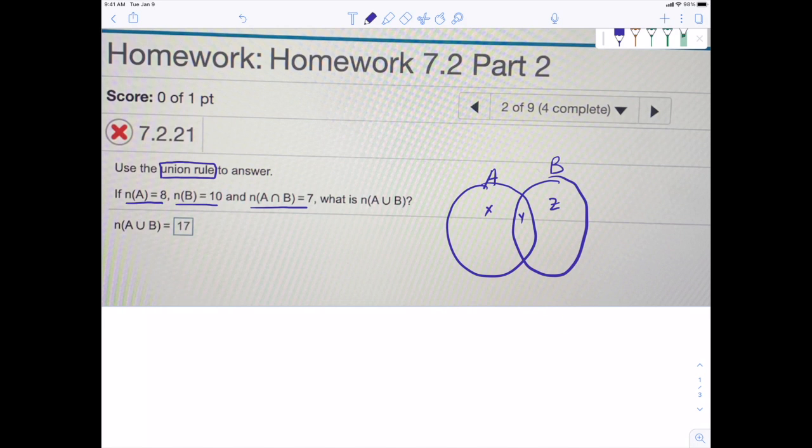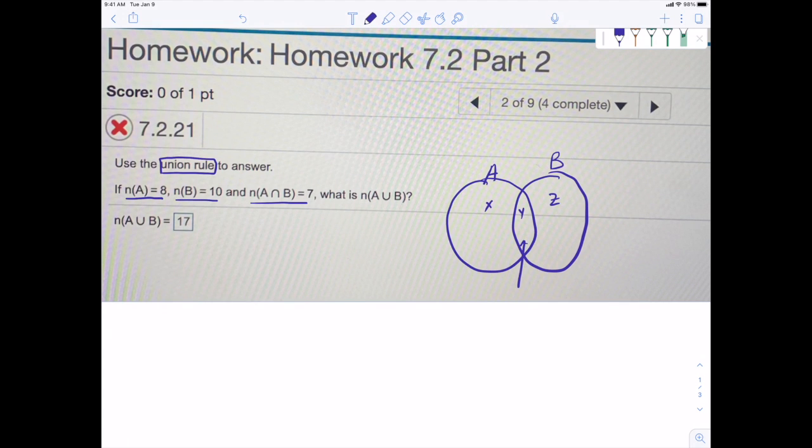In some cases, you have things that are in A that are not in B. That's like X. And in some cases, you have things that are in B that are not in A. They're like things that are Z. But things that intersect, you call this thing Y, because Y is in both A and B. So this is a picture of A intersects B. They overlap, if you will, in this one place. So they share component Y.